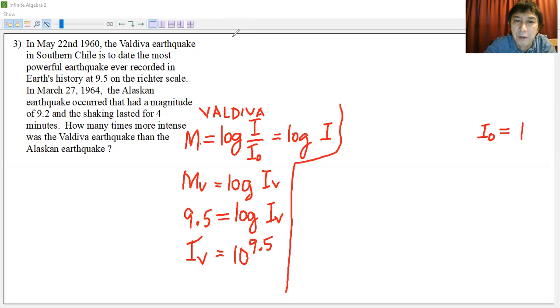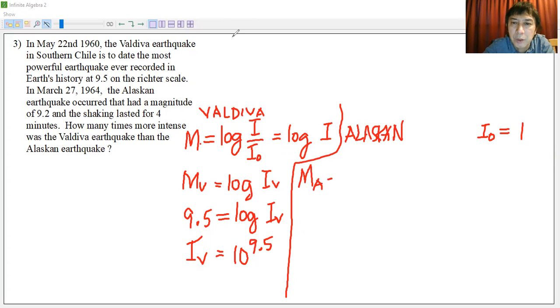All right, let's now have the next. We have the second part of the problem. On March 27, 1964, the Alaskan earthquake occurred that had a magnitude of 9.2, and the shaking lasted for 4 minutes. How many times more intense was the Valdivia earthquake than the Alaskan earthquake? Let's compute first for the intensity of the Alaskan earthquake. We can now use MA. This will be for Alaskan.